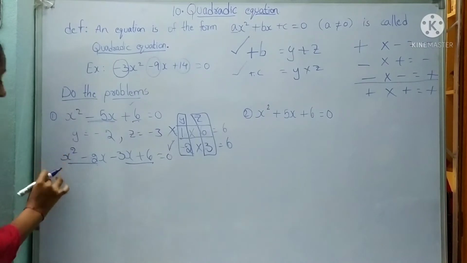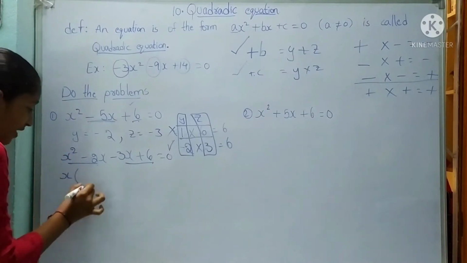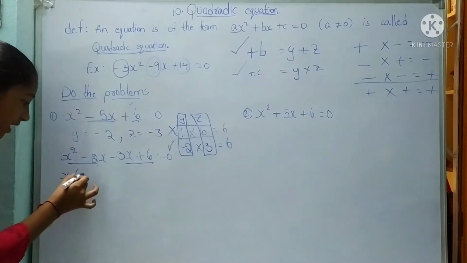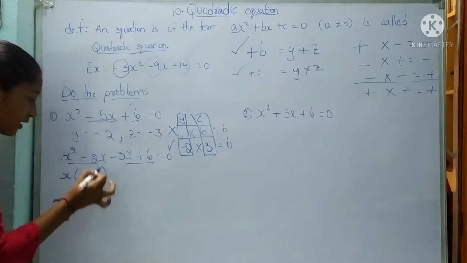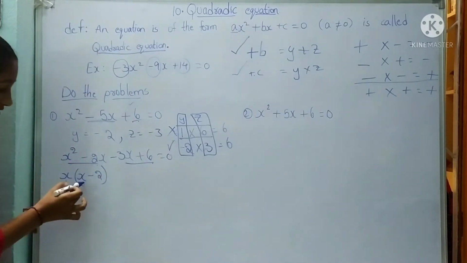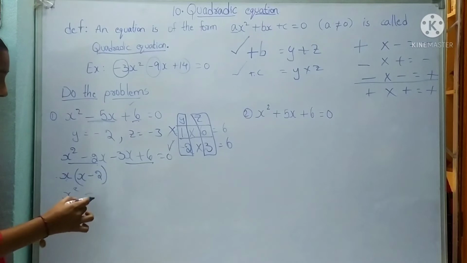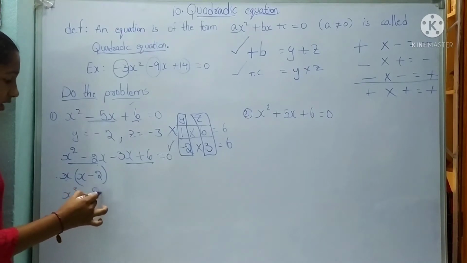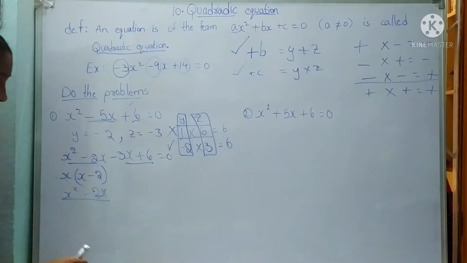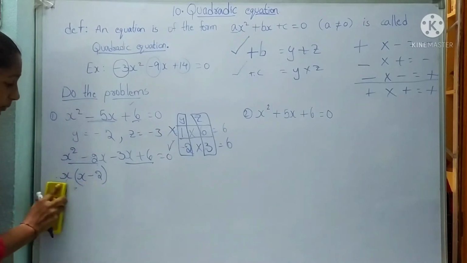Taking the common, here 1x will remain and minus 2 will be here. So x into x means x square, and x into minus 2 means minus 2x. So x square minus 2x, this is the right form we have taken here.